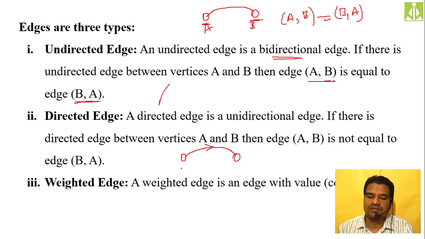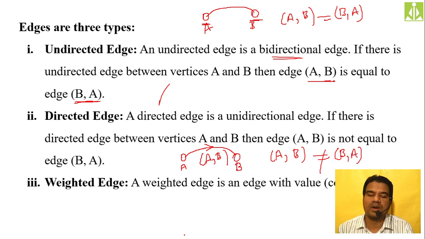If this is your A and this is your B, now you can write this particular edge only as A comma B. You can't write the edge as B comma A. These two are not equal, because of the direction mentioned, and that direction is pointing towards B. That means for this edge, the starting vertex is A only and the end vertex is B only.